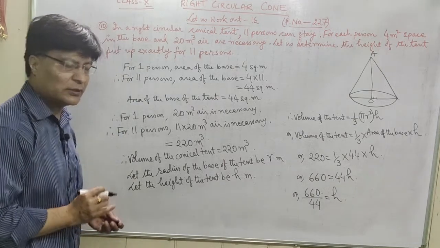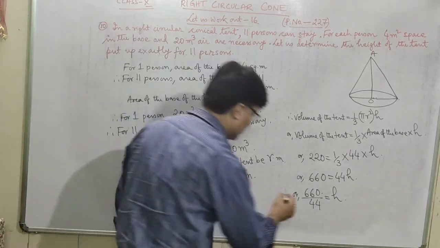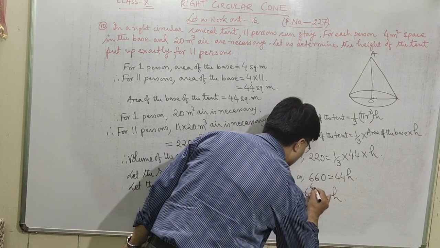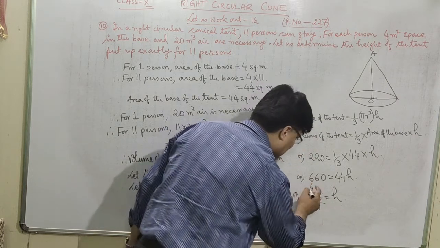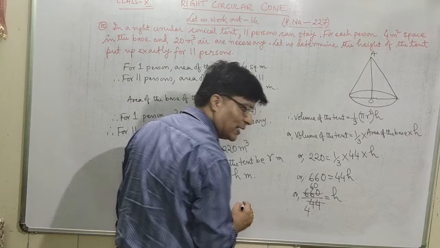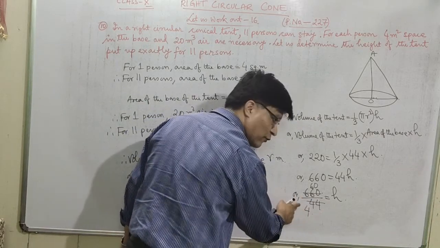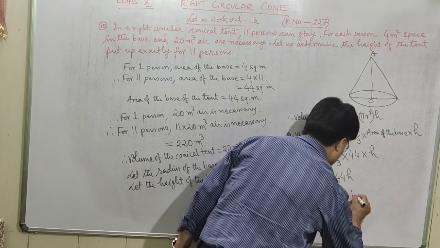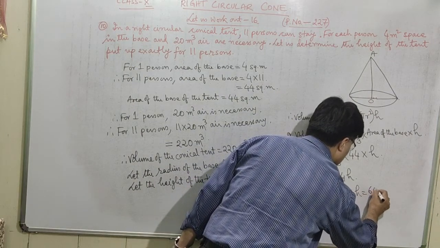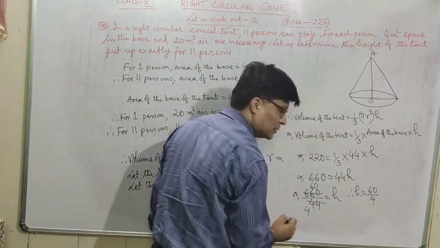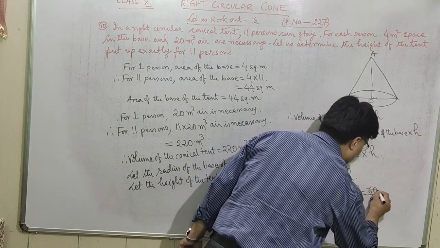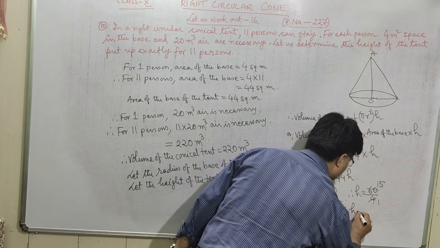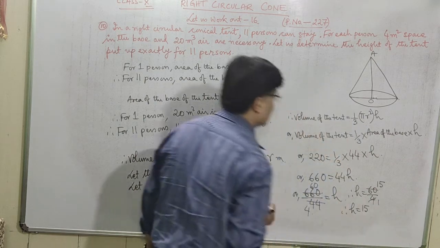Is that understood? So you can cancel it by 11. 11 4s are 44, 11 6s are 66, 0. That is h is equal to 60 by 4. That is 4 1s are 4, 4 1s are 4, 4 5s are 20. So what is the value for h here? It is 15.